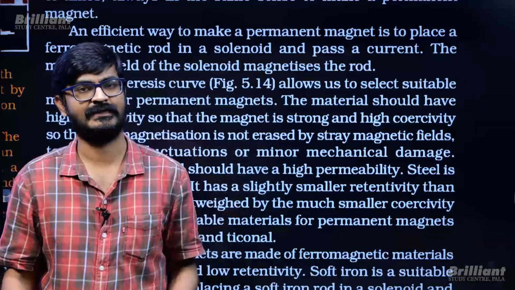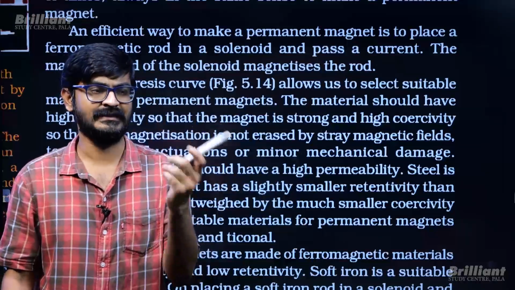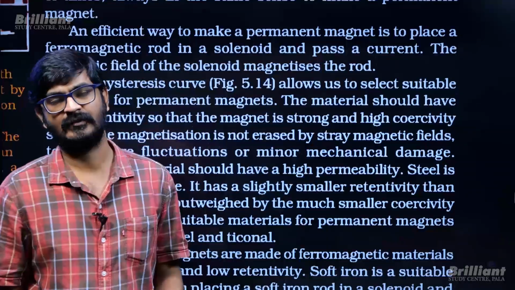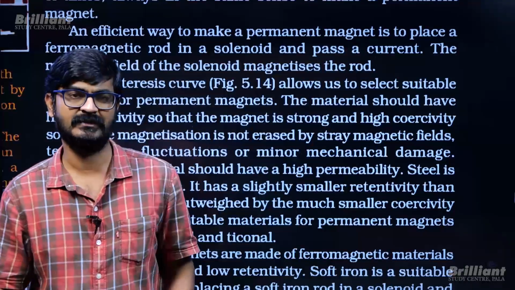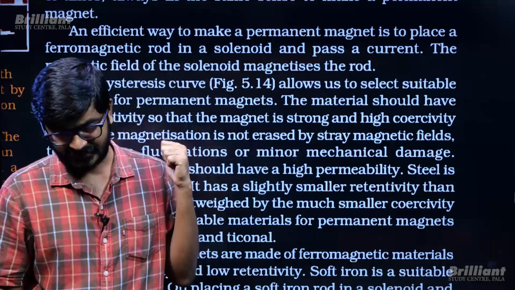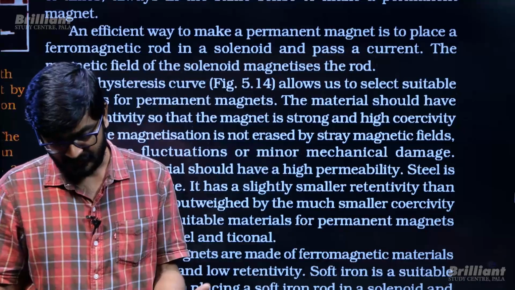For that, high retentivity has to be there so that it can retain the properties. Now apart from that, it must not change its properties suddenly. It must not go back to the normal state without magnetization. So the meaning is coercivity also must be very high. So that's the reason for permanent magnets: high retentivity and high coercivity must be there. And further, material should have high permeability.